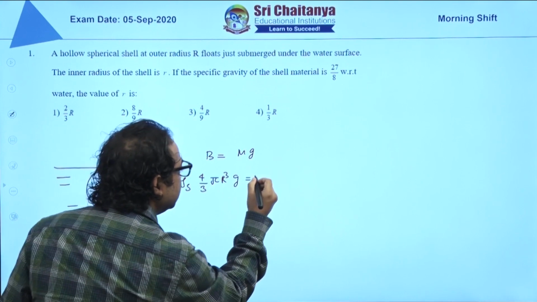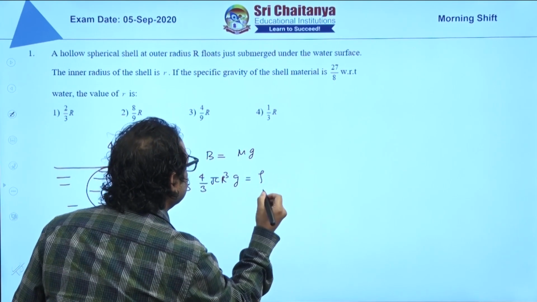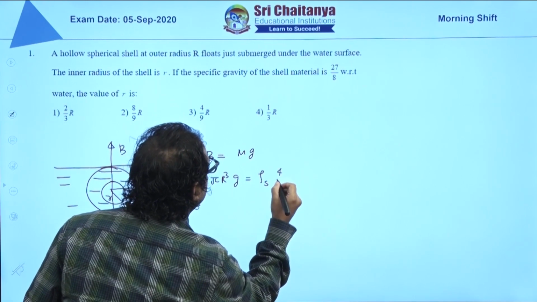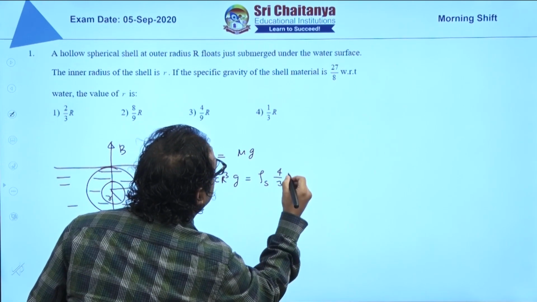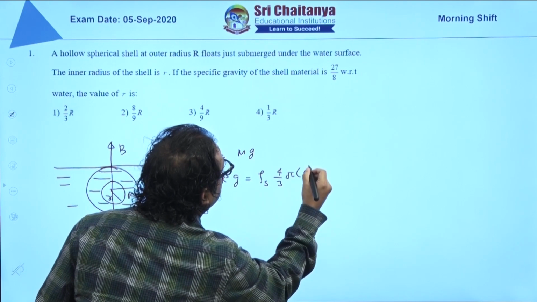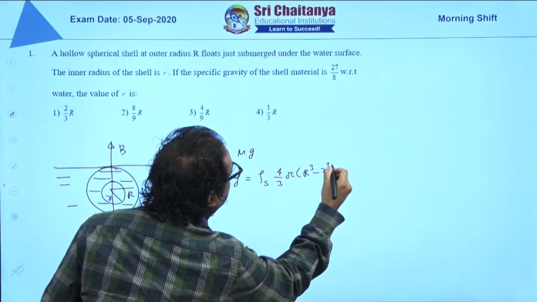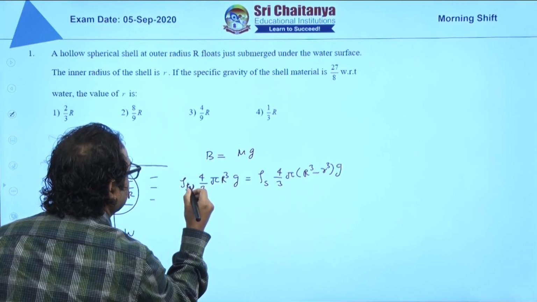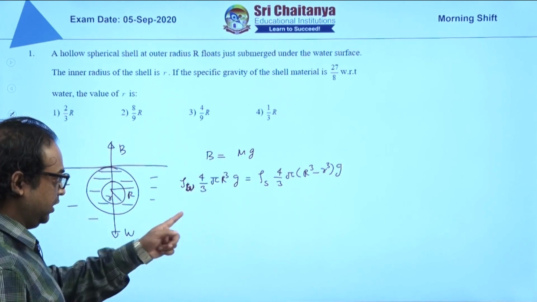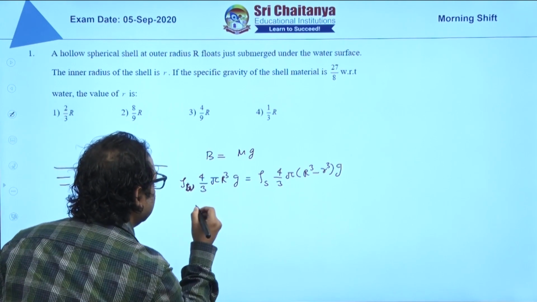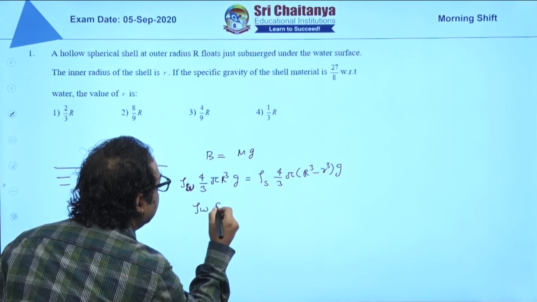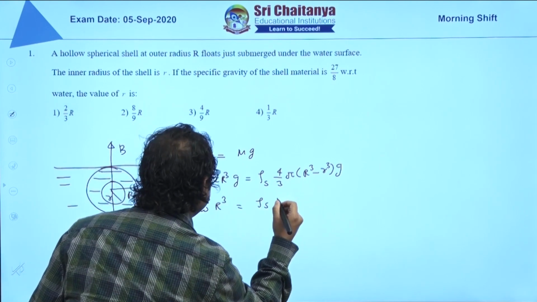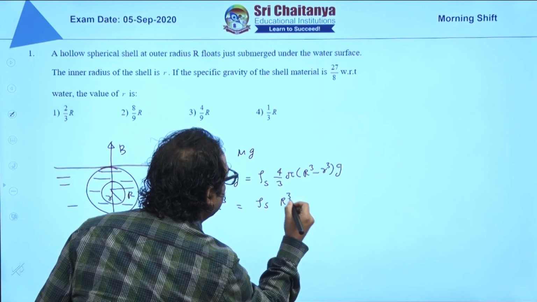So, definitely it is rho of sphere into 4/3 pi into R cube minus r cube into g. We can write the equation: rho of water into R cube is equal to rho of sphere into R cube minus r cube.